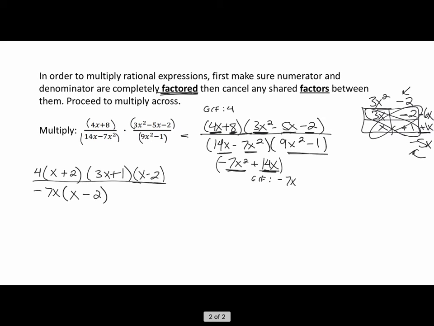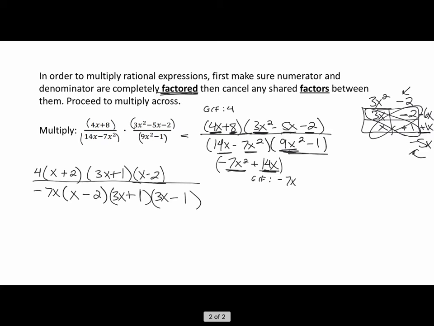Then that second factor, there's two terms. There's no common factor. But there's a difference. They're different signs, right? And those are perfect squares. So we're going to have two factors of the sum and difference of what's being squared. So for the first term, that's 3x, because 3x times 3x is 9x squared, right?